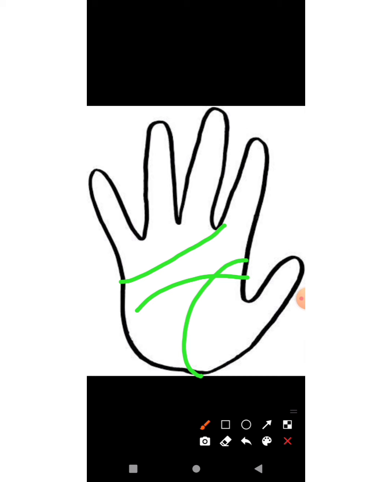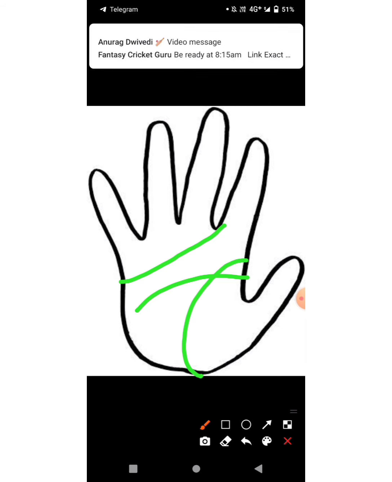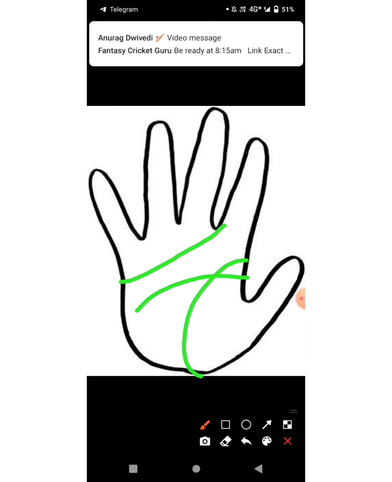While taking decisions, if this kind of line is there, you have to consult other people. If you have this line, don't take decisions immediately. You can consult your parents or your dear ones. This kind of headline also means they are less confident.